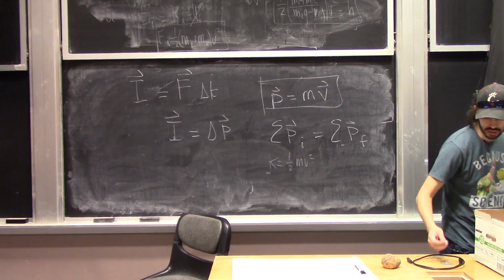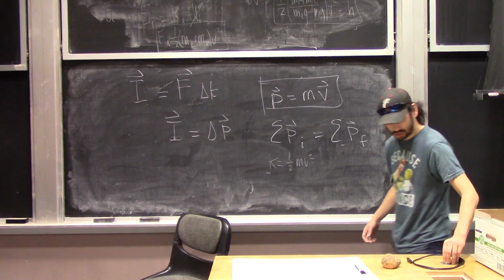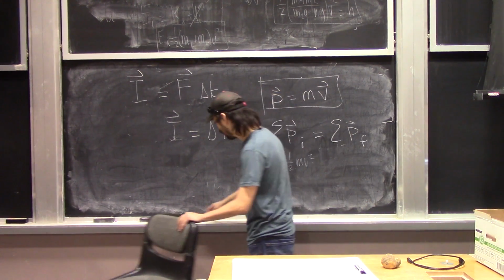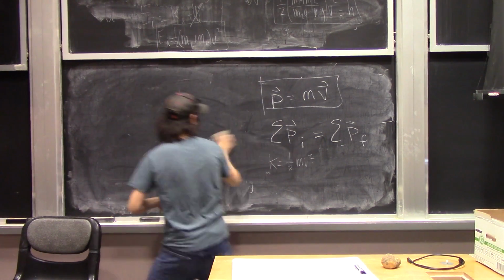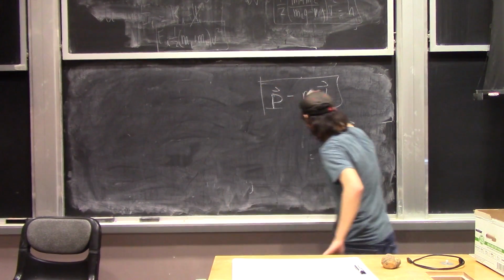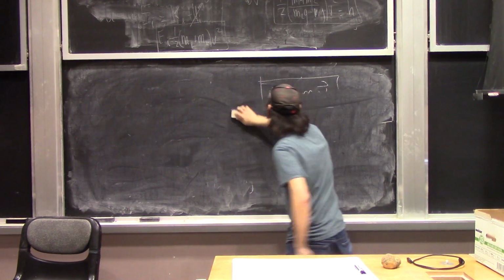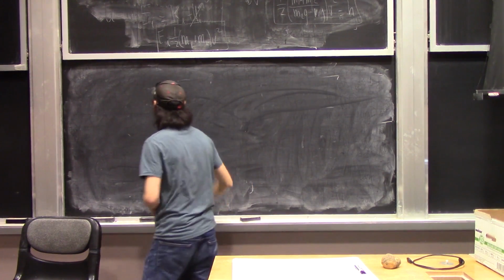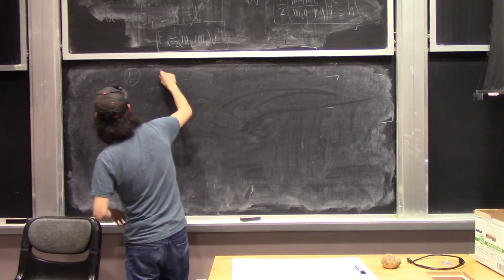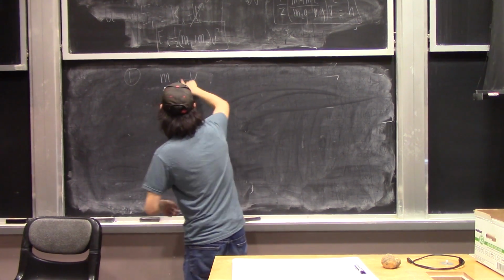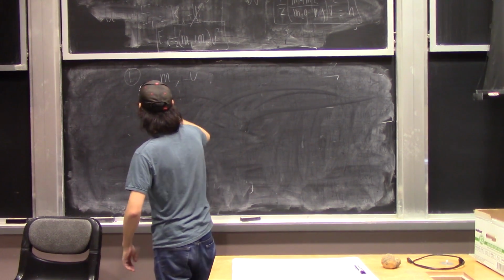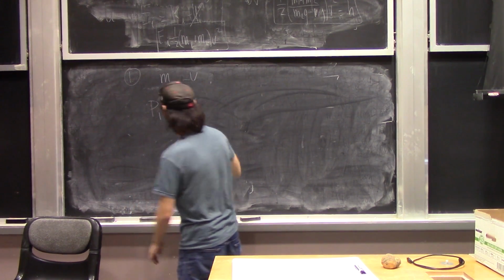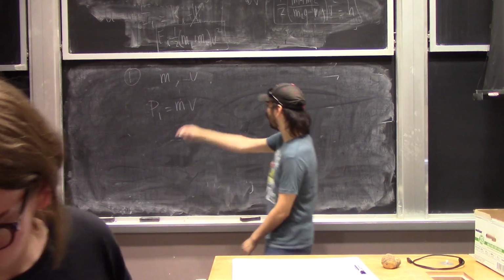Okay, so let's go ahead and talk about this one. So when we look at these two objects, let's write down what the masses are and what their velocities are. So for object 1, this has some mass m and some velocity v. So we could calculate this momentum. So P1 is just going to be equal to mv. Okay? We could also calculate the kinetic energy.